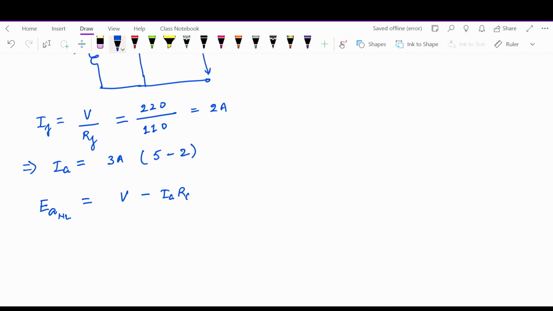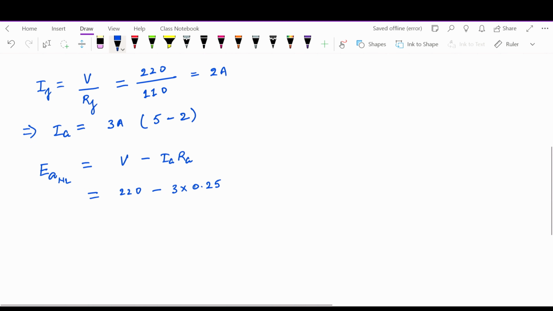So this is 220 minus 3 into 0.25. So this comes out to be 219.25 volts. So we have the value of EA at no load.